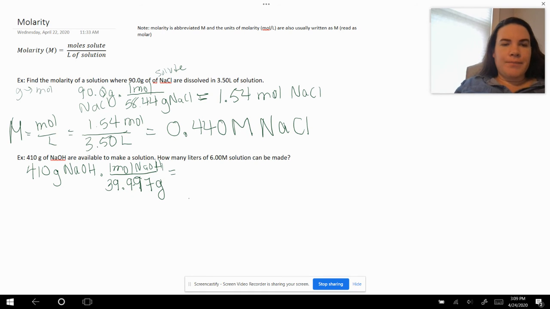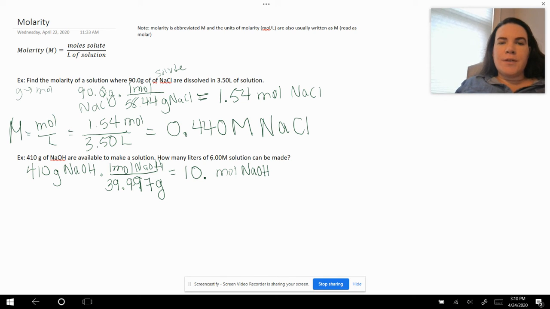It's ugly. All right, 410 divided by about 40 gives you, I think it comes out as like 10.2 or 10.3. This is only 2 sig figs, so you want 2 sig figs in your answer. Remember when you end with 0 there, you got to put the decimal there to make that 0 count. So that's moles of NaOH. So that's our moles of solute.